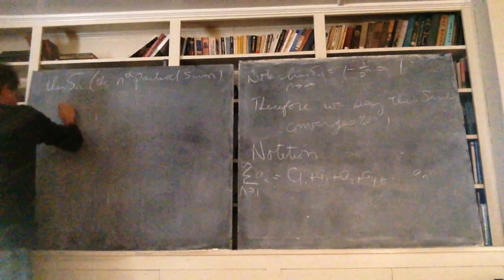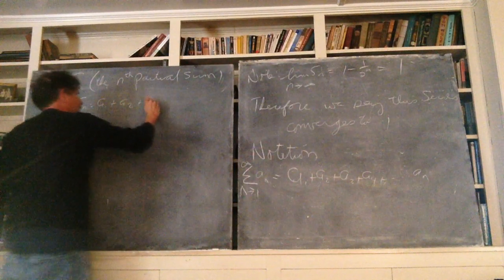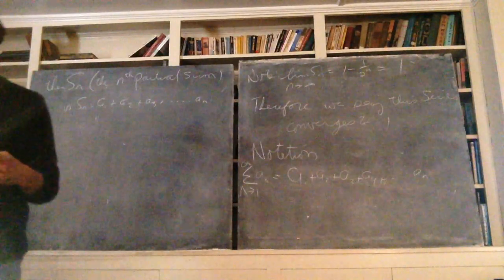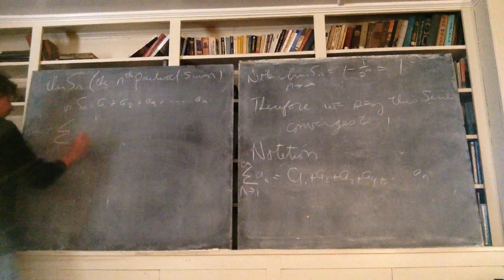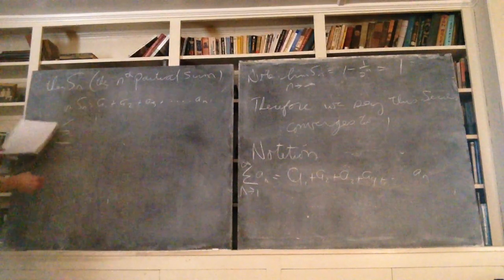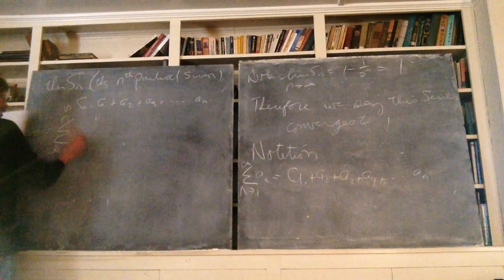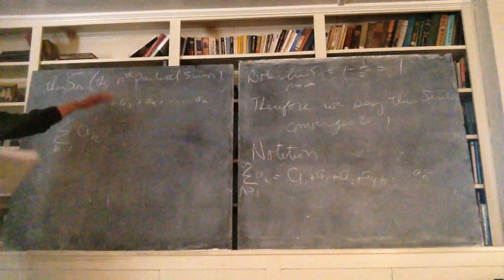S sub n equals a1 plus a2 plus a3 plus a sub n. We stop at n. Notice it's not infinite. And we can do it like this: the sum from k equals 1 to n of a sub k. That's that partial sum.